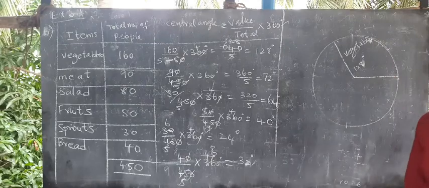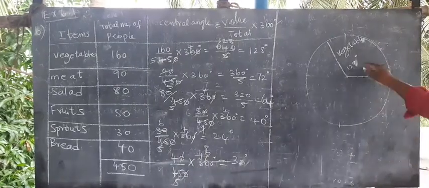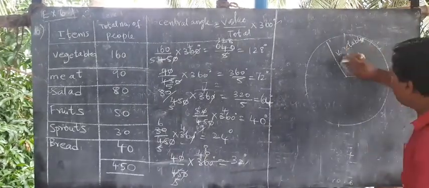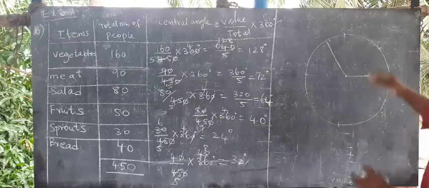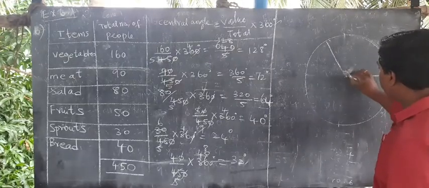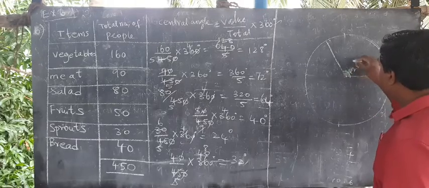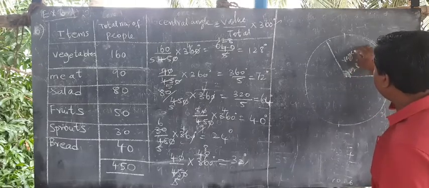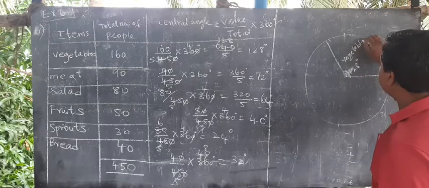Then, so listen, 128 degree. So I clearly write 128 degree. This is what? Vegetables.